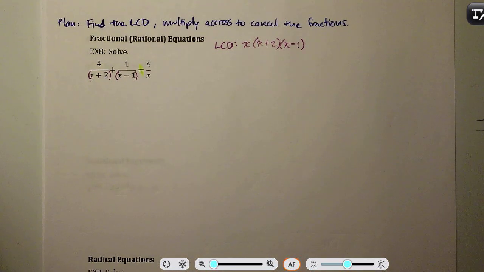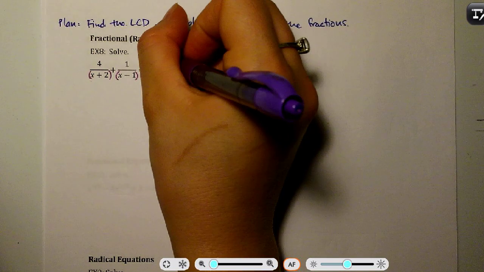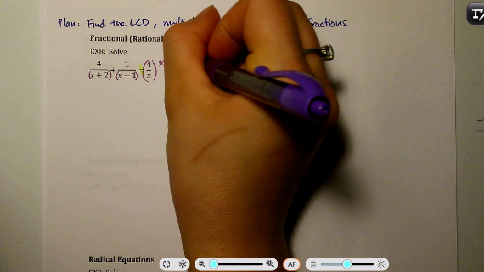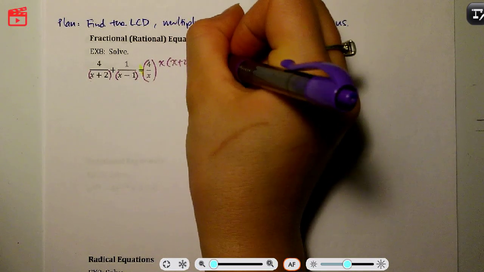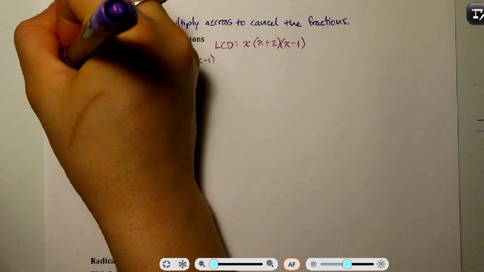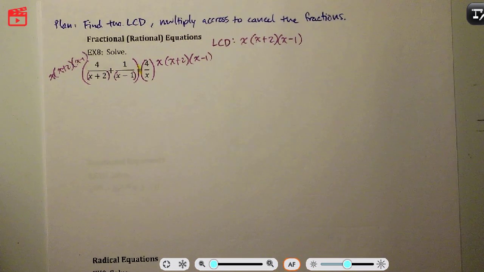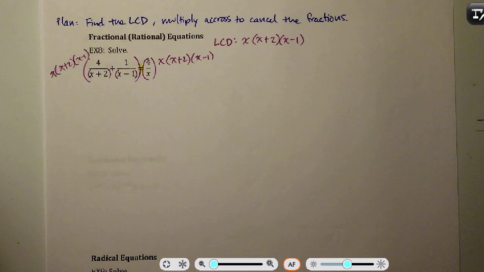Now we're going to multiply that to both sides of my equation. Because remember, we have the multiplicative property of equality. Ew, this is getting squishy. Okay. Ugh, that's hideous. I'm going to go ahead and write this out.